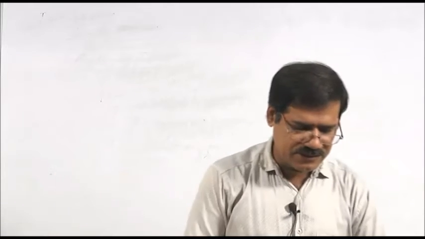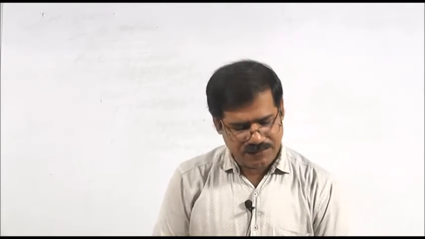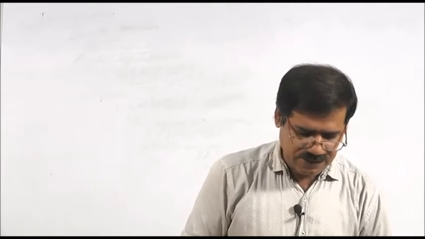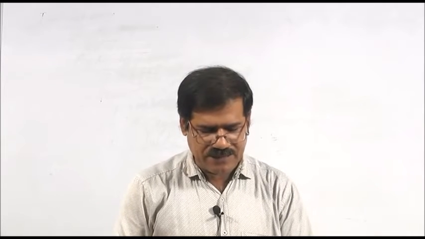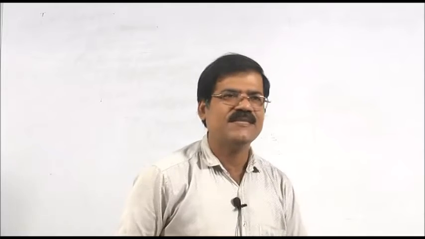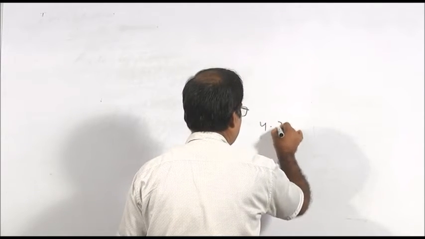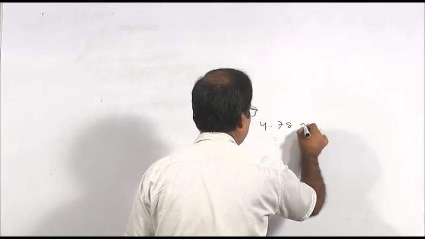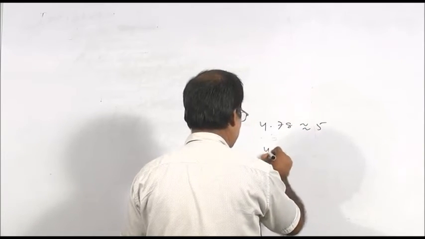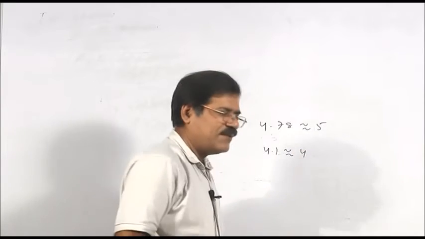Then the next function is round. What is the round function? The round function returns a decimal number in rounded form. Rounded means, for example, 4.78 is rounded to 5, and 4.1 is rounded to 4.